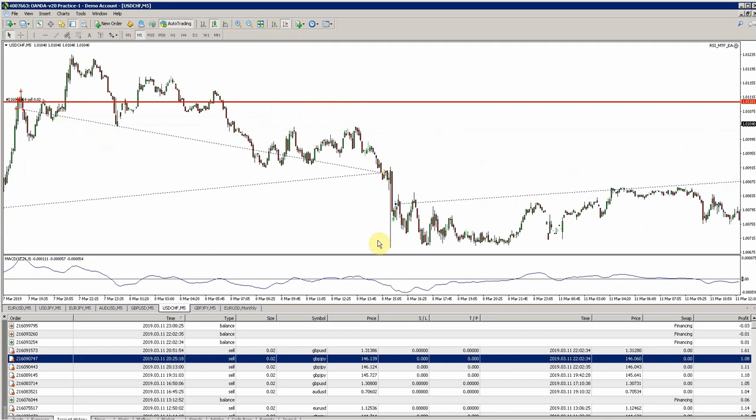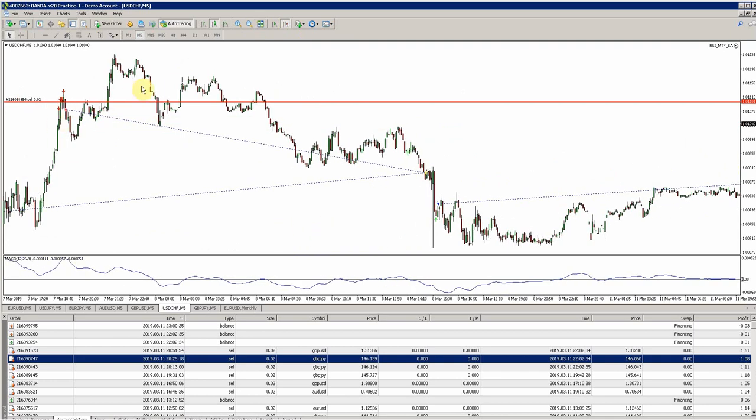If I zoom out slightly, you can see it eventually goes down, down, down, and at this point both of these trades combined have a profit of 0.1%, and therefore the trade gets closed out at this area over here.